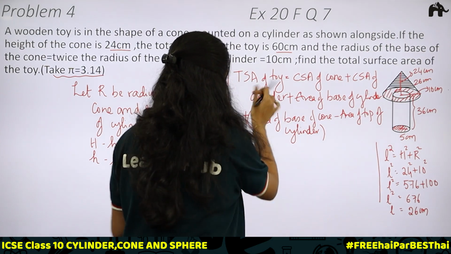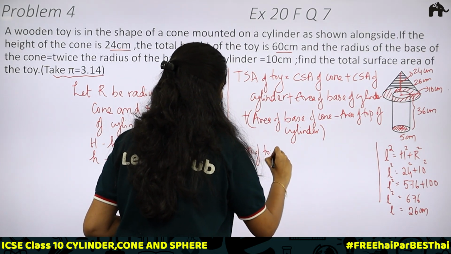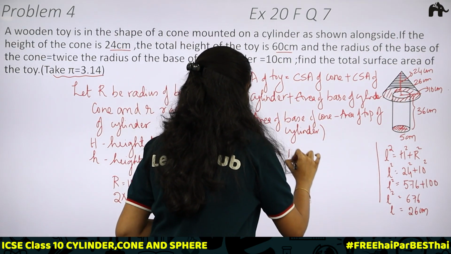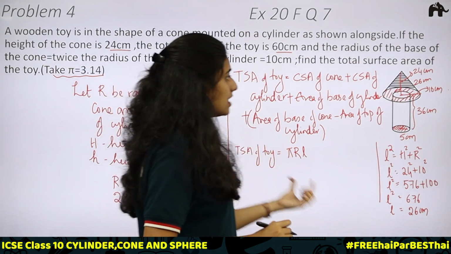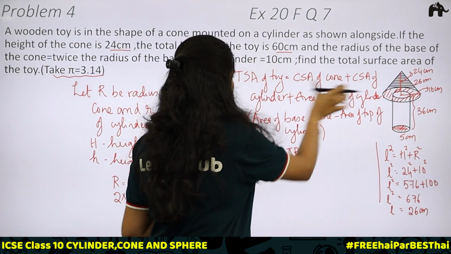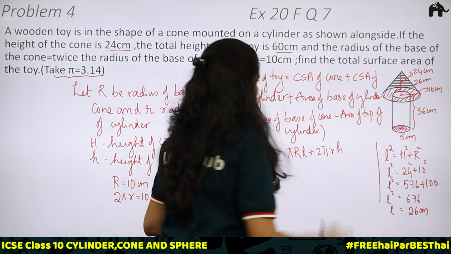Now we have total surface area of toy is equal to curved surface area of cone, pi R L. Here we have taken capital R as the radius of base of the cone. Curved surface area of cylinder, 2 pi r h.